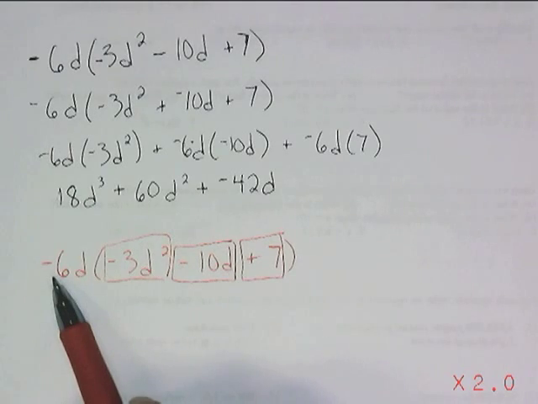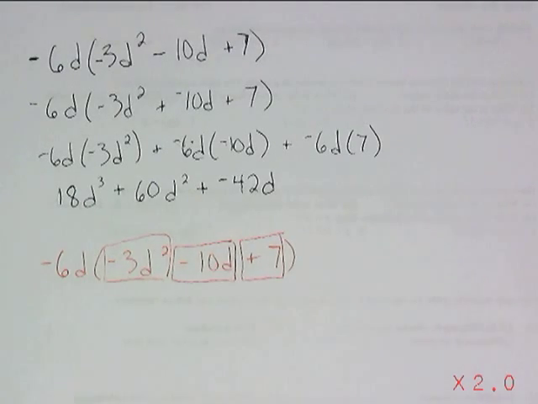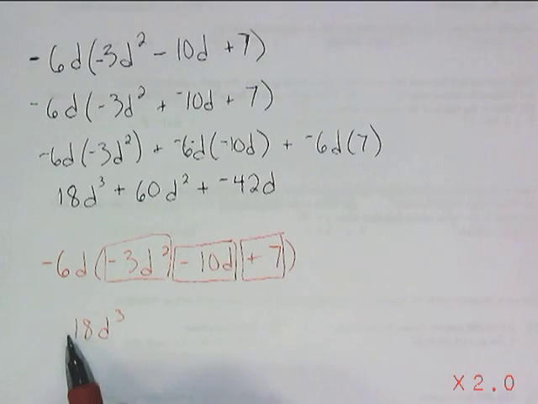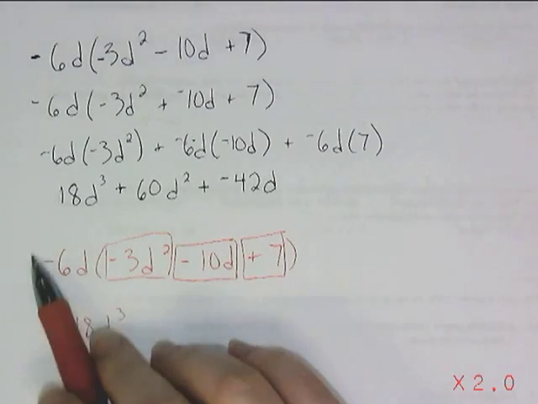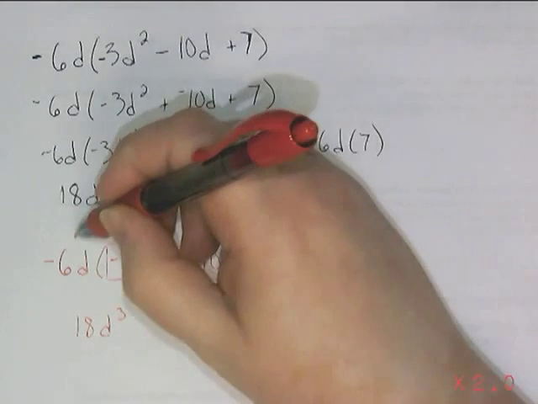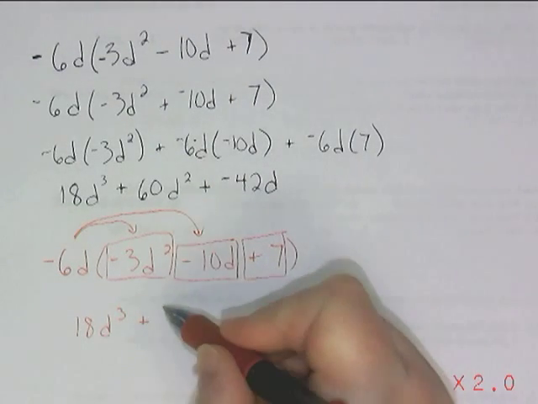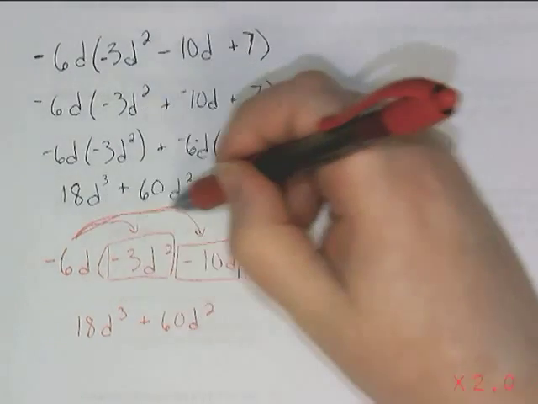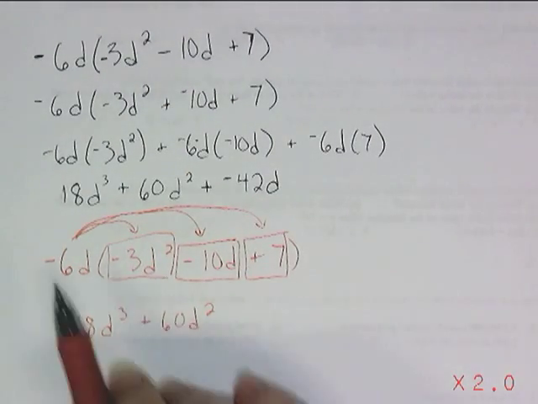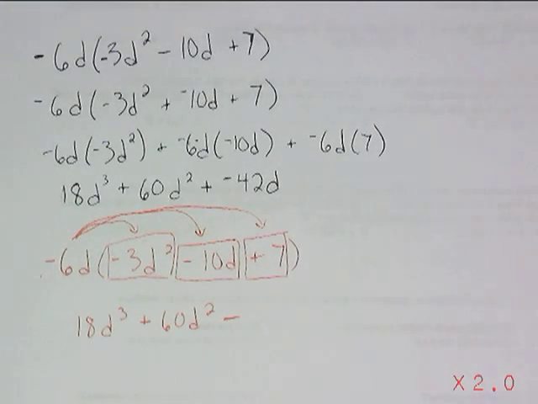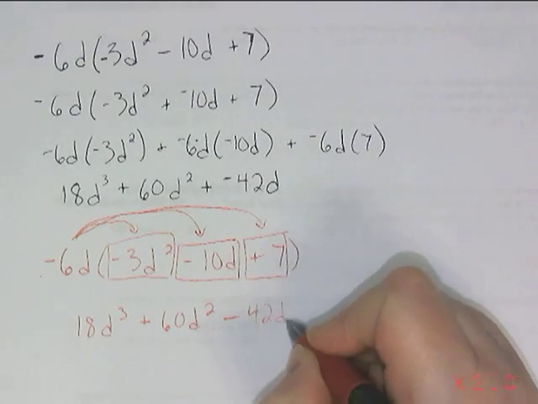So, when I multiply this negative 6d times this negative 3d, I should know I get 18d to the third, and it's a positive because a negative times a negative is a positive. I know that this negative 6d times this negative 10d should give me a positive as well. So plus 60d squared. And then as I multiply my last pair, a negative times a positive gives me a negative, so I write down a minus 42d.